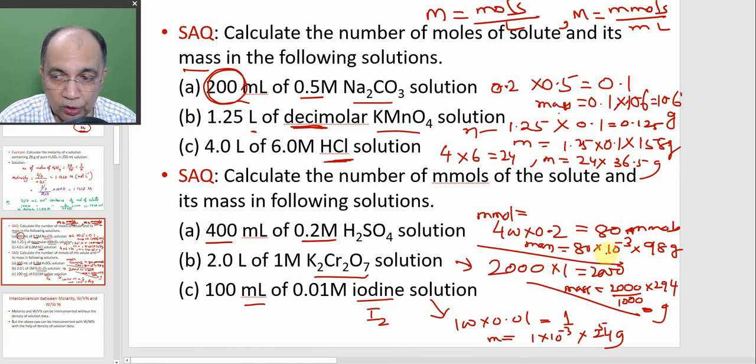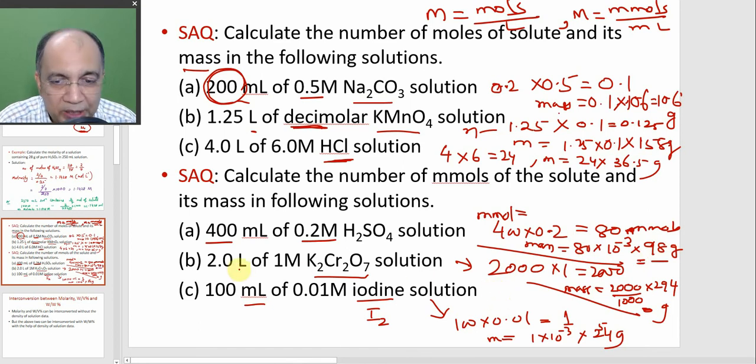So you divide by 1000, which gives the number of moles, and then multiply by the molecular mass 98, and you find the mass. I have left it for you.